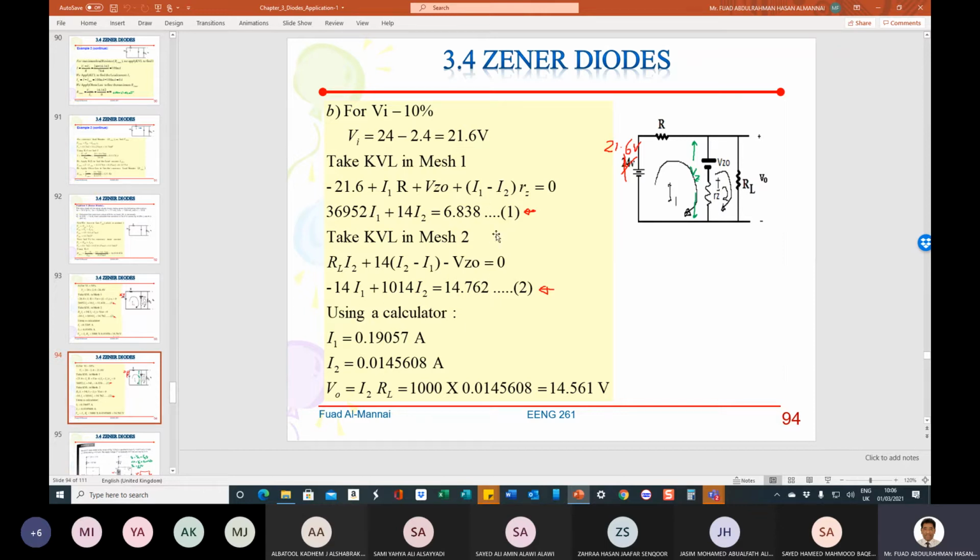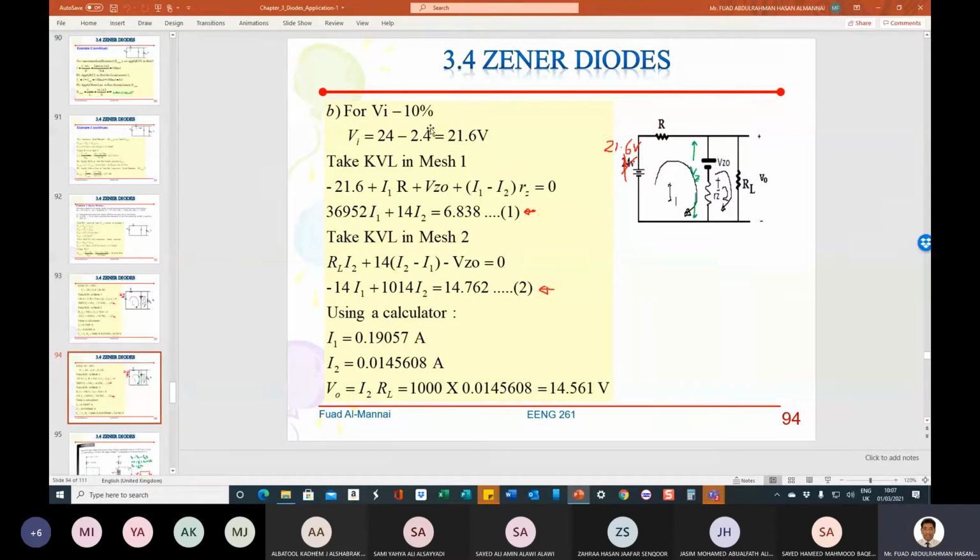Use your calculator to solve these two equations, and your calculator will give I1 as 0.195057 amps, and I2 is 0.0145605 amps. Therefore, calculate V out is equal to I2 RL, and that will give you 14.561 volt.